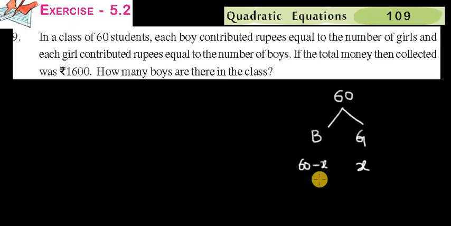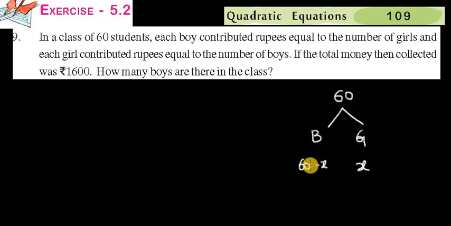Most of these children don't understand this. Why 60 minus x? Out of 60, if x girls are gone, the remaining will be 60 minus x. In another way, if we add these two, you will get 60 again.